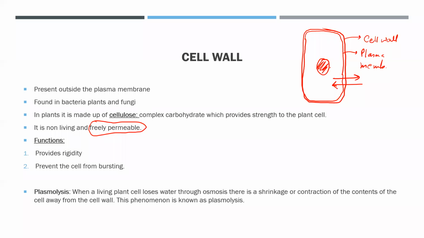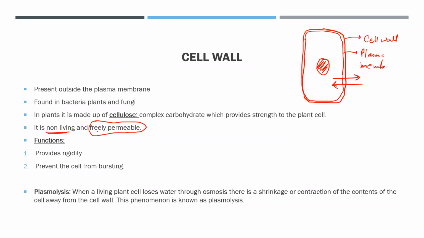And it is non-living in nature. The plant cell has a cell wall which is non-living in nature. The plasma membrane, if you remember, was a living structure, but the cell wall is non-living. So there is one difference.